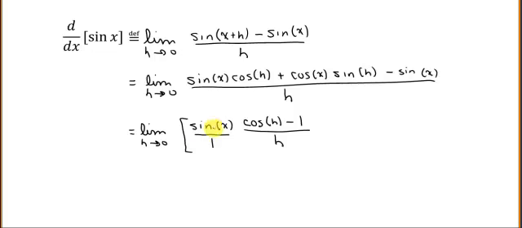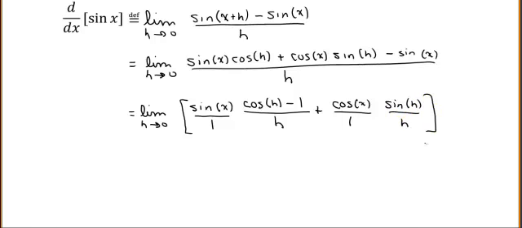So sine of x over 1 times cosine of h minus 1 over h, plus, in this term, I'll take out the cosine of x, and I'd have cosine of x over 1 times sine of h over h.